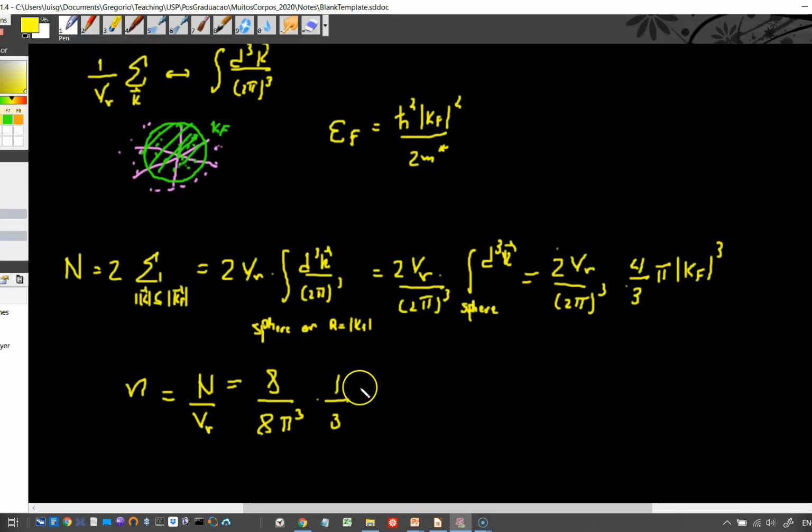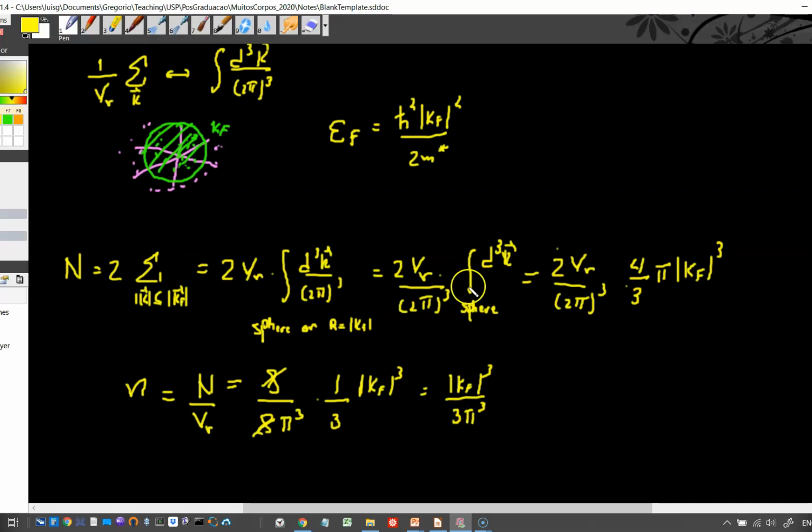Okay, and there's going to be a kf cubed. So this goes away. These 2 are already taken into account. That's all right. So the density of the gas should be kf cubed over 3 pi cubed. All right.